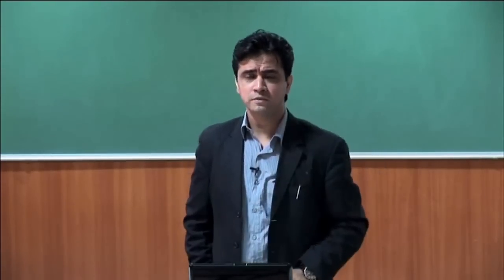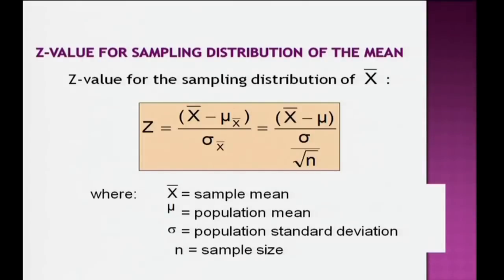So, x bar minus mu by sigma. Here sigma means the variability, and variability of the sampling distribution is standard error. So, sigma of x bar would be sigma by root n. Hence, the z value for the sampling distribution would be x bar minus mu by sigma over root n. You understand these terms?